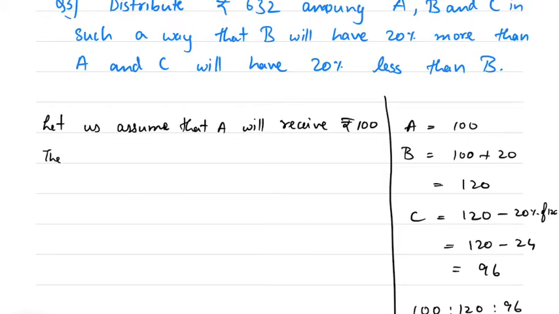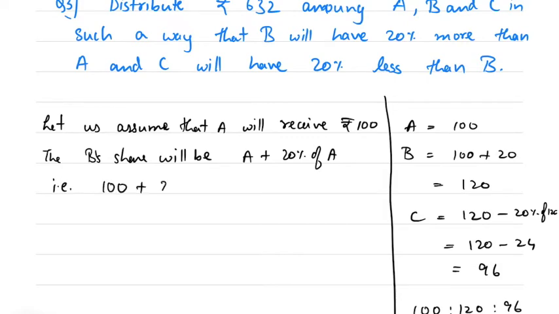Then B's share will be A plus 20% of A's share, that is 100 plus 20% of 100, which is 100 plus 20, which is 120.